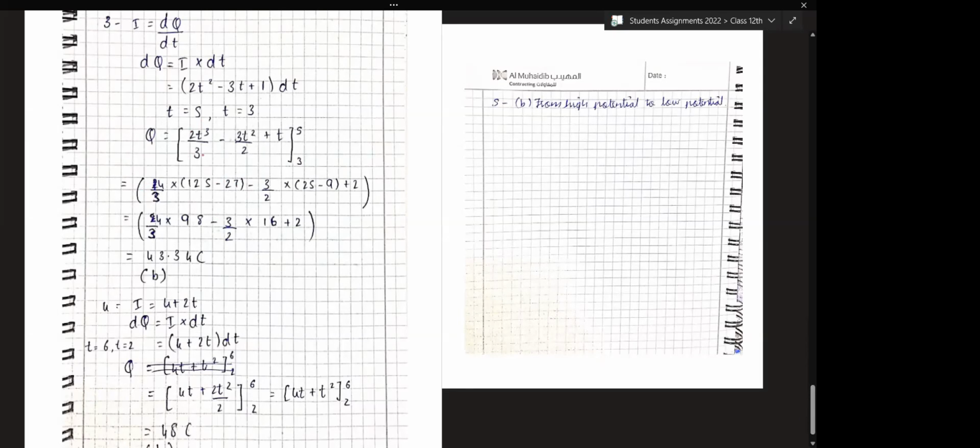I was confused. It's 2 by 3. Okay. The final answer is also right. The interval was 2 to 6 seconds. Yes, 2 to 6 seconds. This is 2 by 2 t square. No, this is correct, and high potential to low.